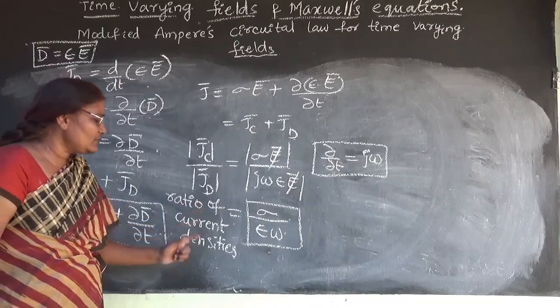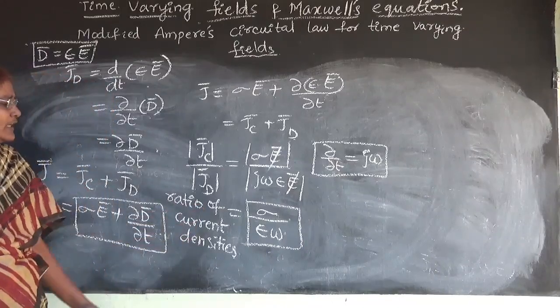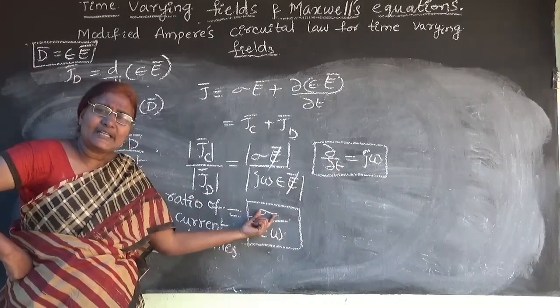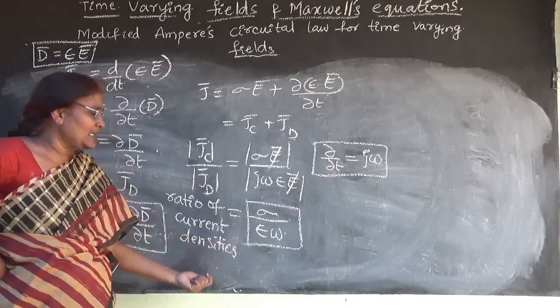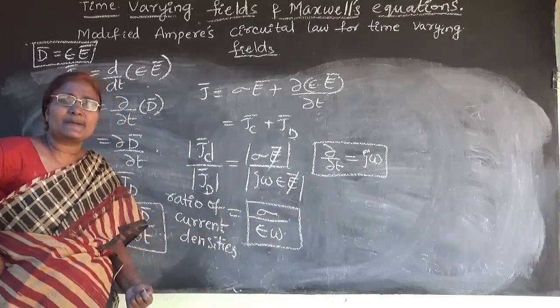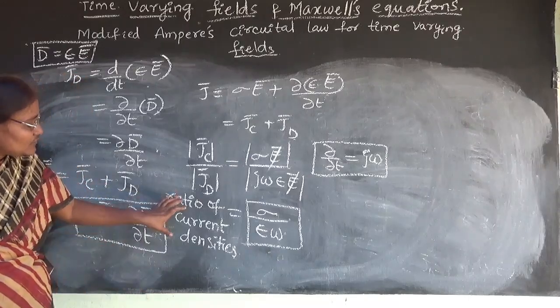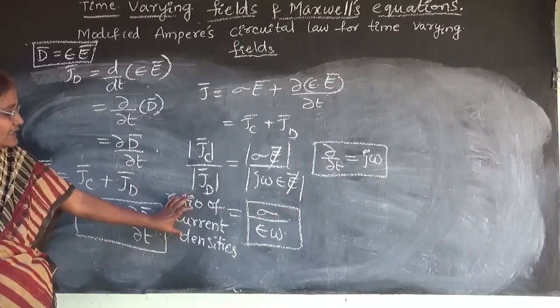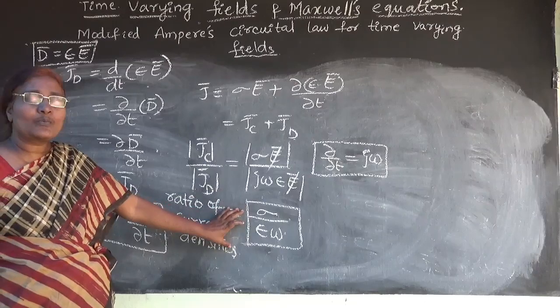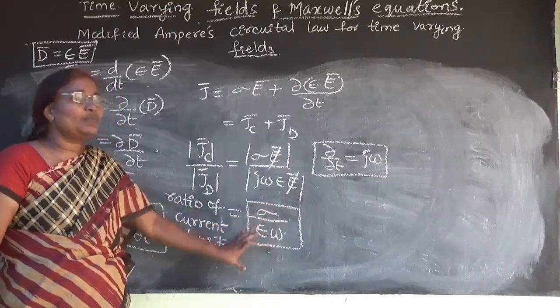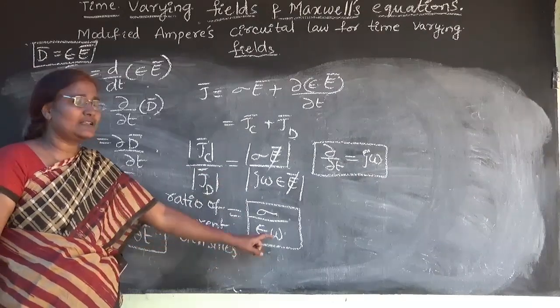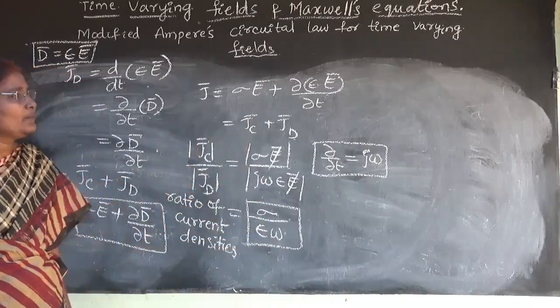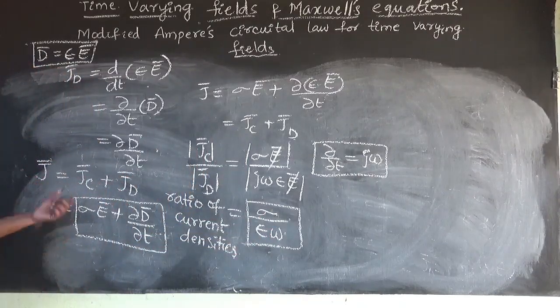And you have to remember one thing here. This sigma is the conductivity of the material, epsilon is the medium property and omega is the frequency. So the ratio of current densities is dependent upon the medium properties and the frequency of the signal which is going to be applied.